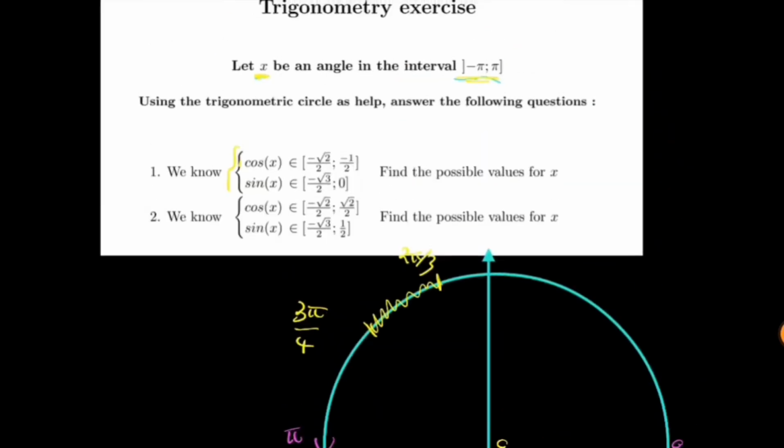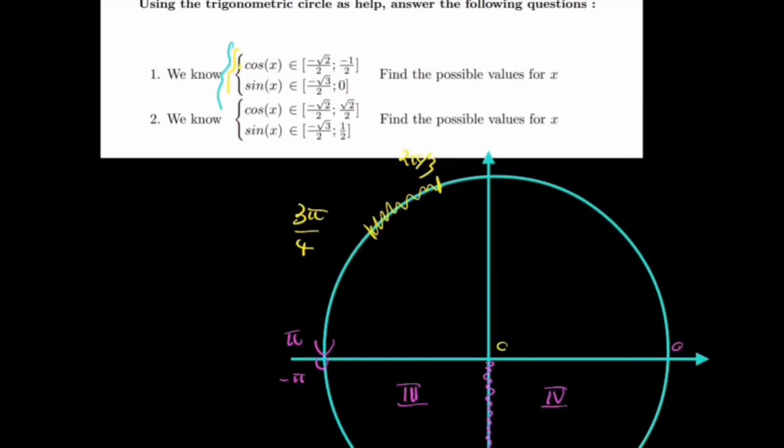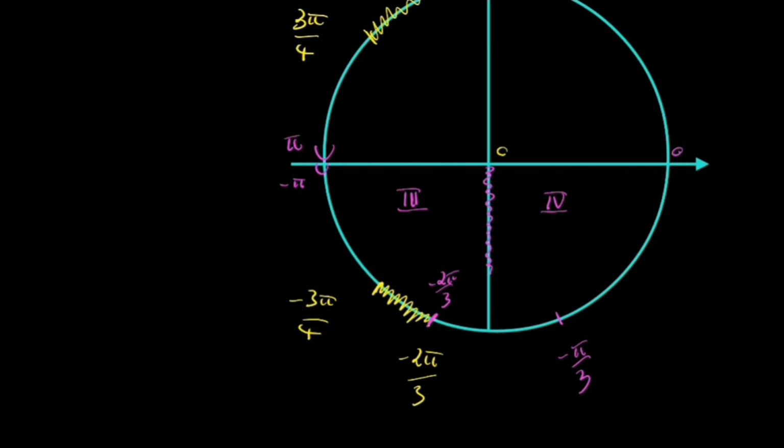To fulfill the full system of equation, we need to be at the same time in a yellow zone and in a purple zone. And there is only one point that is satisfying both at the same time, and this point is minus 2 pi over 3.